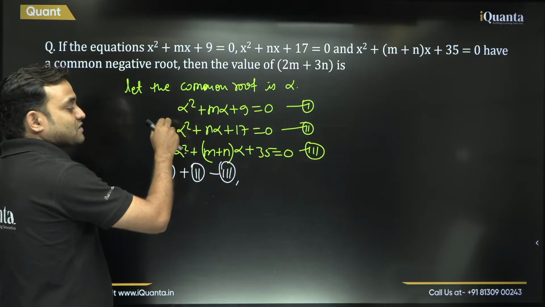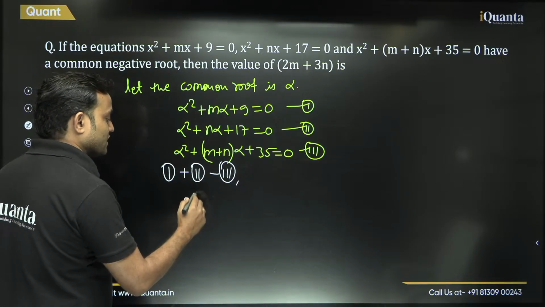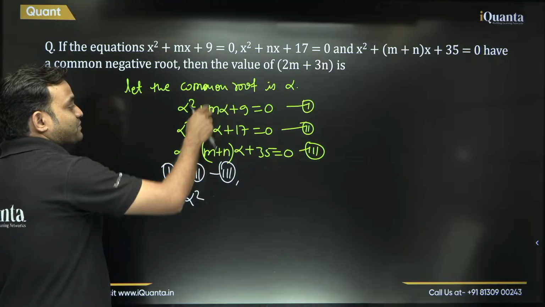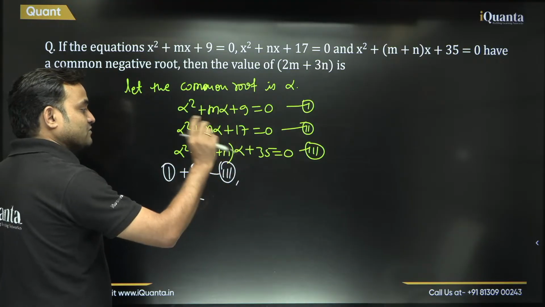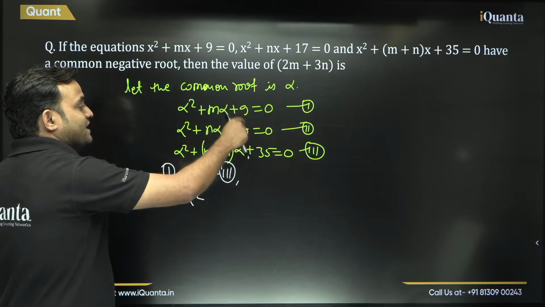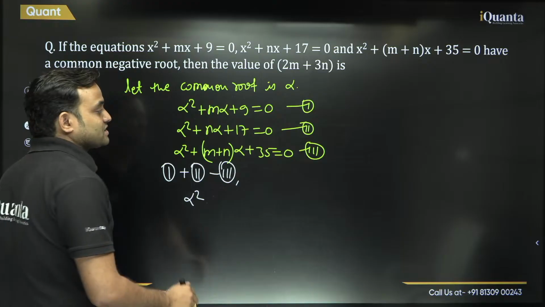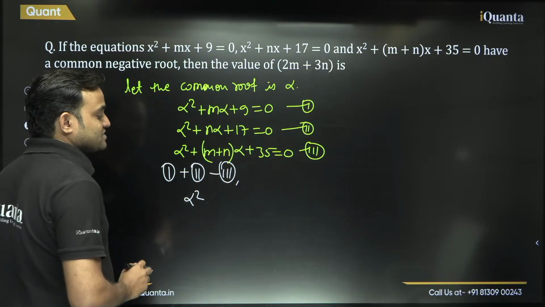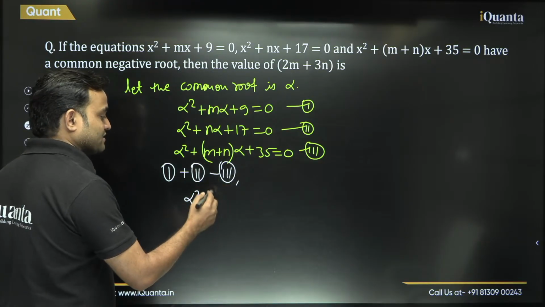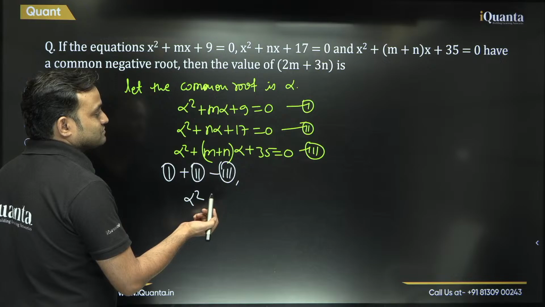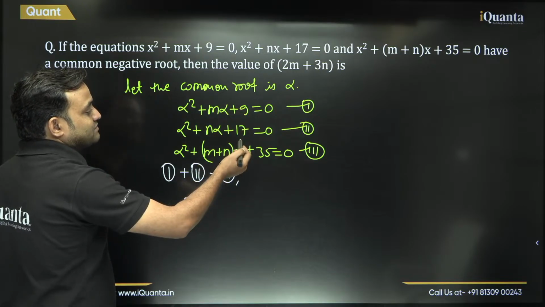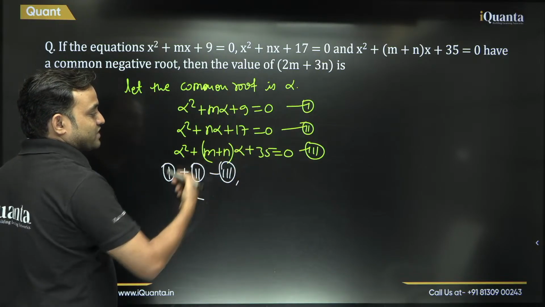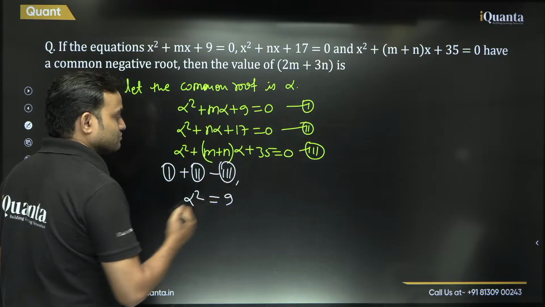Alpha square plus alpha square minus alpha square will be alpha square. (m plus n) alpha will be cancelled out. 9 plus 17 is 26 minus 35 is minus 9, right? कितना हो जाएगा ये? 26, right? So this will be equal to 9.